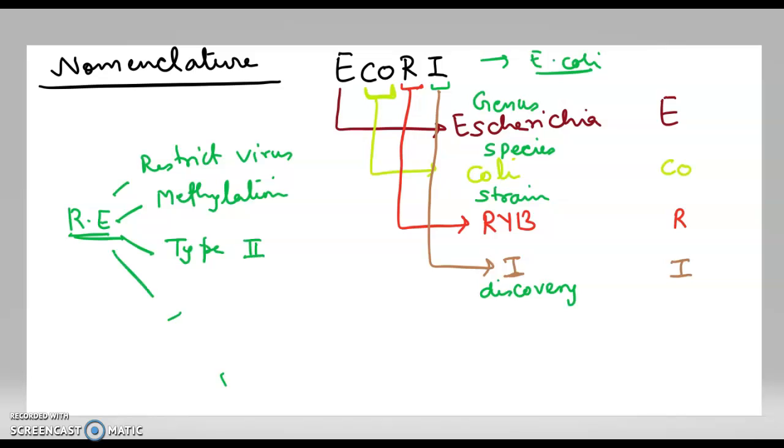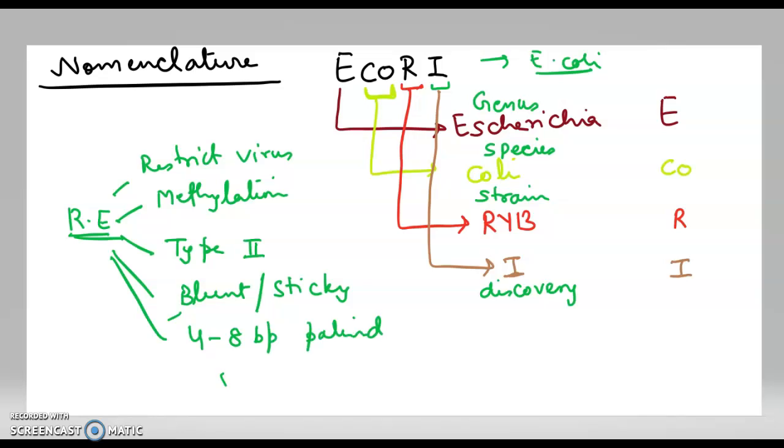They can produce two types of ends, blunt ends or flush ends, and sticky ends or cohesive ends. They can recognize 4 to 8 base pair long palindromic sequences. And these are specific in nature, and we also covered the nomenclature.